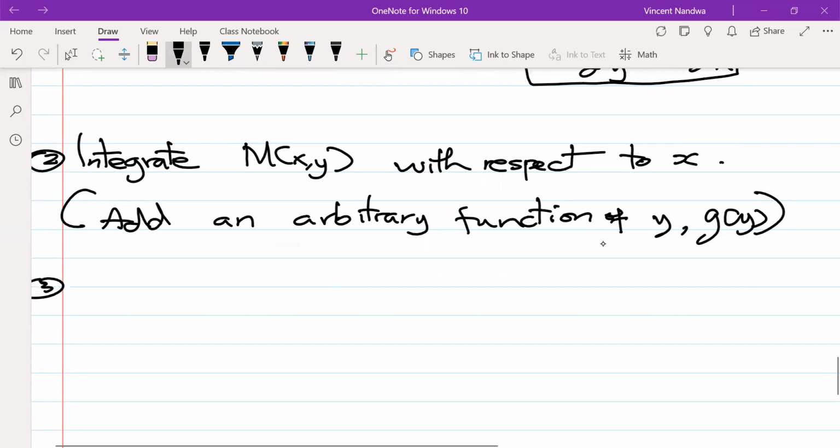Number 3, differentiate the result in step 2 with respect to y.